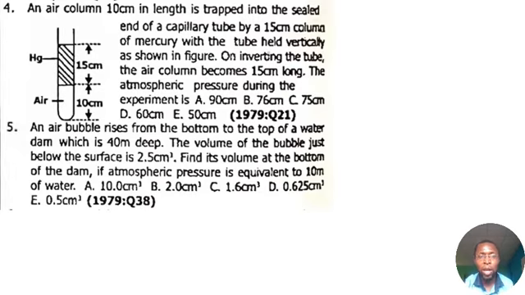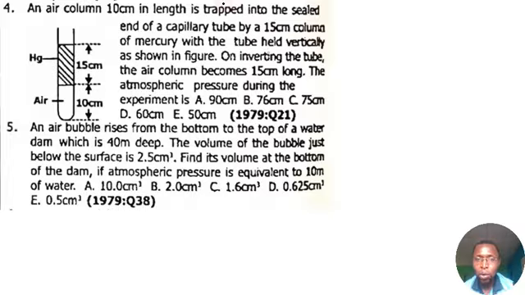Okay, so let's solve more questions. It's another question here. The question says an air column 10 centimeters in length is trapped in the sealed end of a capillary tube by a 15 centimeter column of mercury, with the tube held vertically as shown in the figure. This is the figure here.